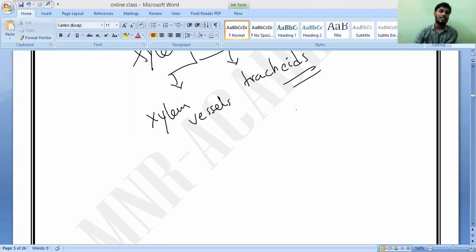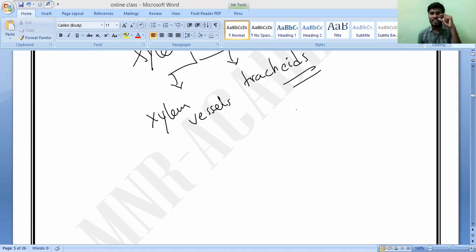Now, let us discuss. These xylem vessels and tracheids are both non-living conducting tissues which just have thick walls. Will you believe it? These are not living conducting tissues. These are non-living conducting tissues.